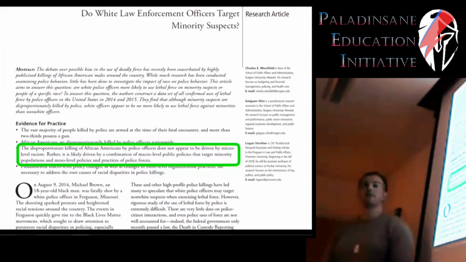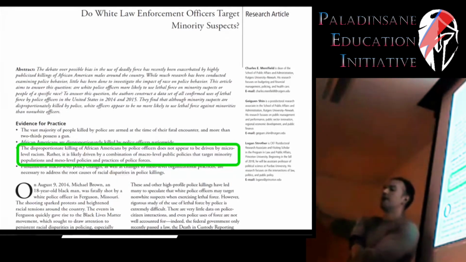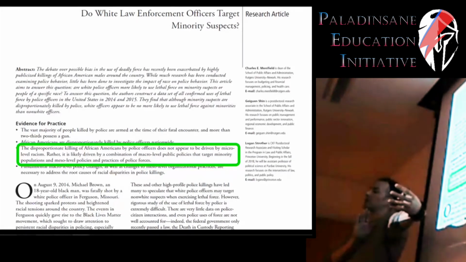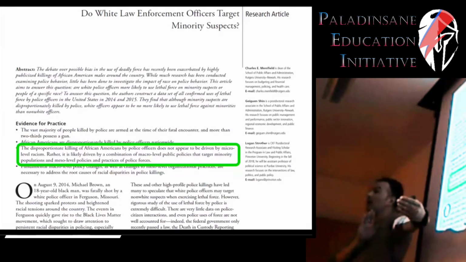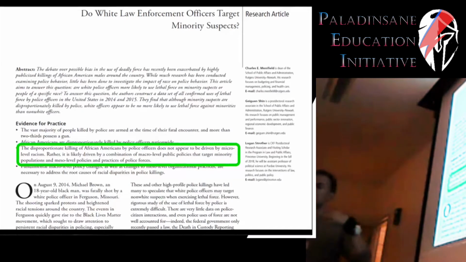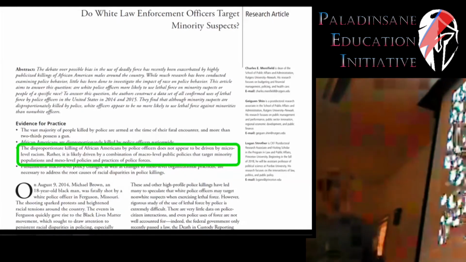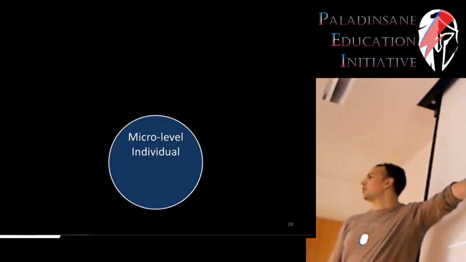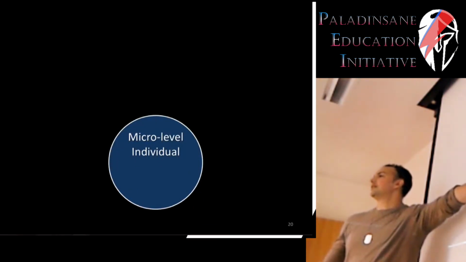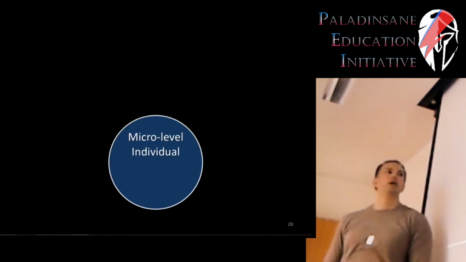They found no difference in the proportion of minorities that were shot by white officers versus the proportion of minorities that were shot by minority officers. There was no difference there. So all of that sensitivity training aimed at the individual was wasted. It was useless. It did not help this problem.